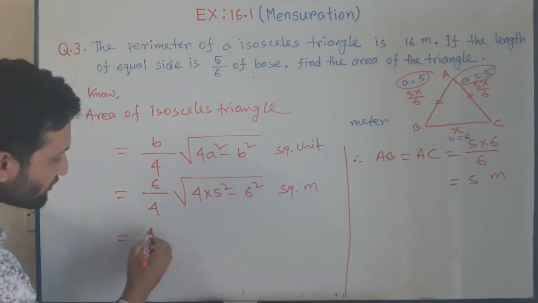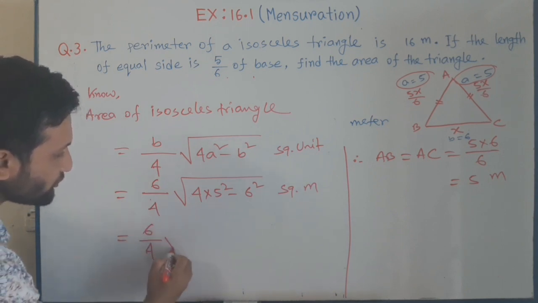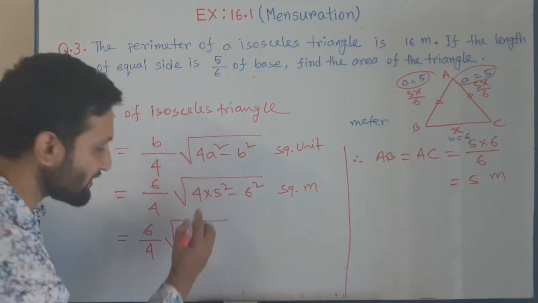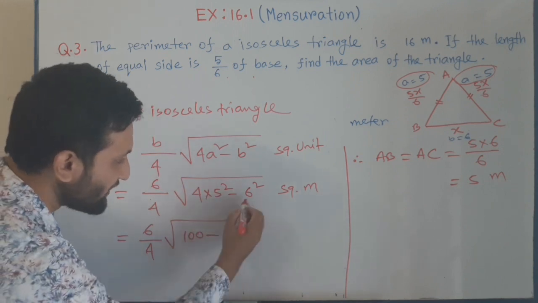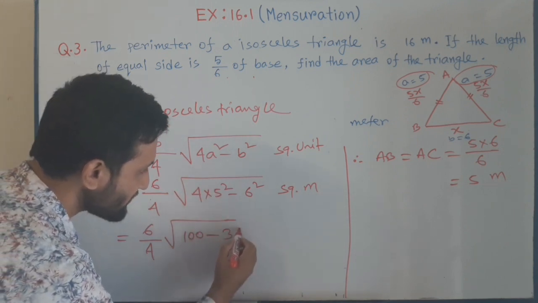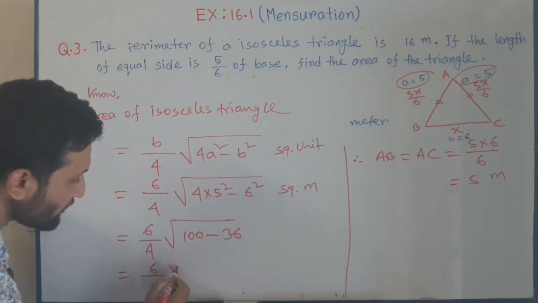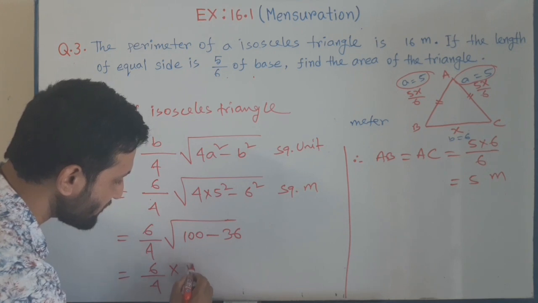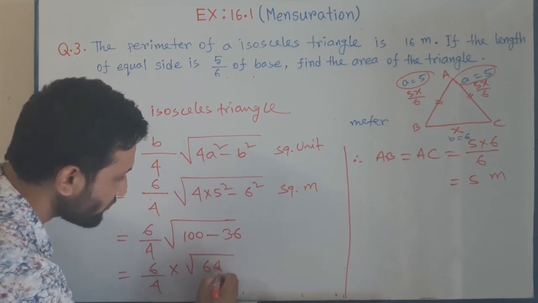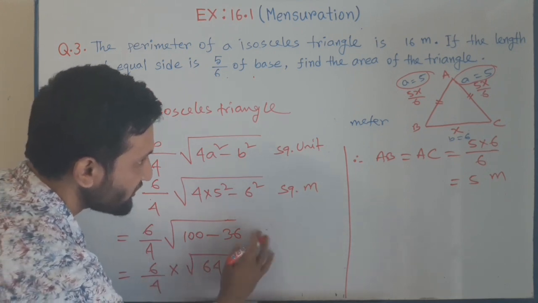By simple calculation, 6 by 4 into root of 100 minus 36, that means root 64, and the unit is square meter.